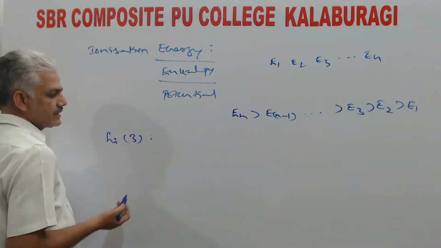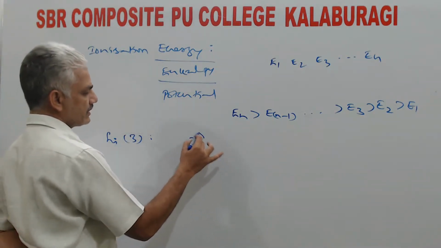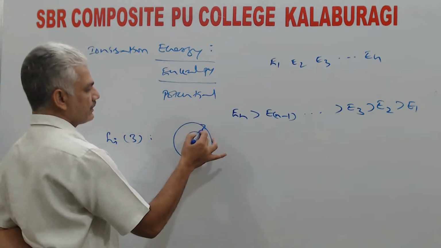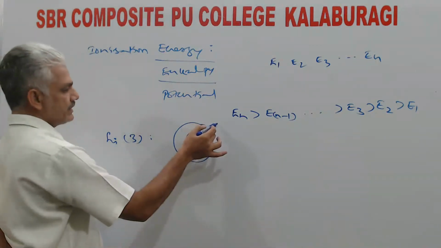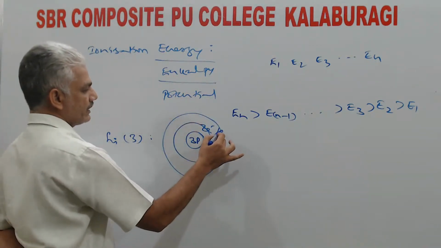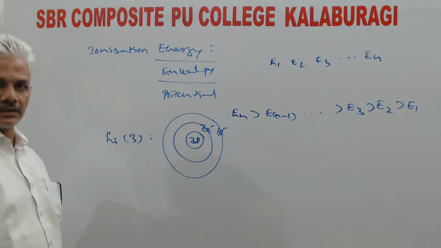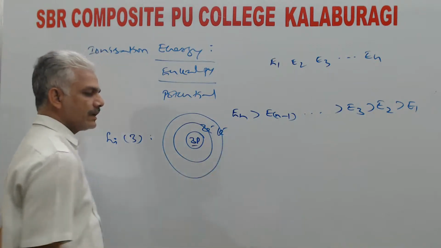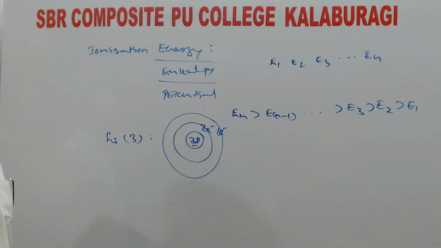In atomic state, lithium can be visualized as made up of 3 protons inside the nucleus, 2 electrons in the first orbit, and 1 electron in the second orbit. So, in this situation, the forces of attraction are in a balanced manner.